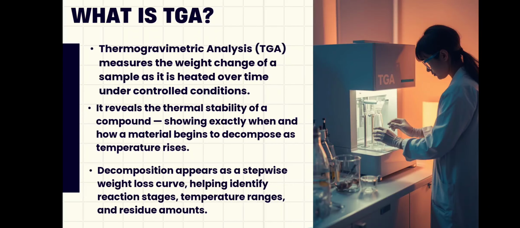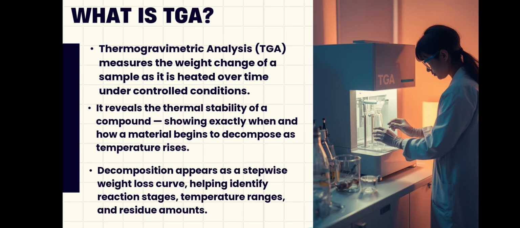Now let me explain TGA in simple words. Thermogravimetric analysis is a technique that measures the change in weight of a sample as it is heated under controlled conditions. As the temperature increases, the sample may lose water molecules, gas molecules, or other components, causing its weight to decrease.